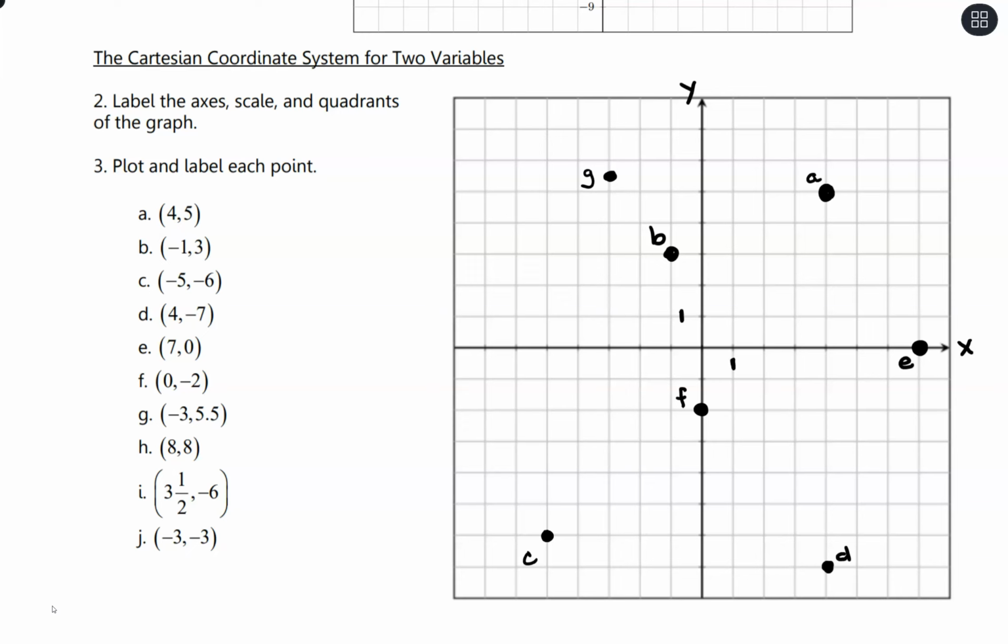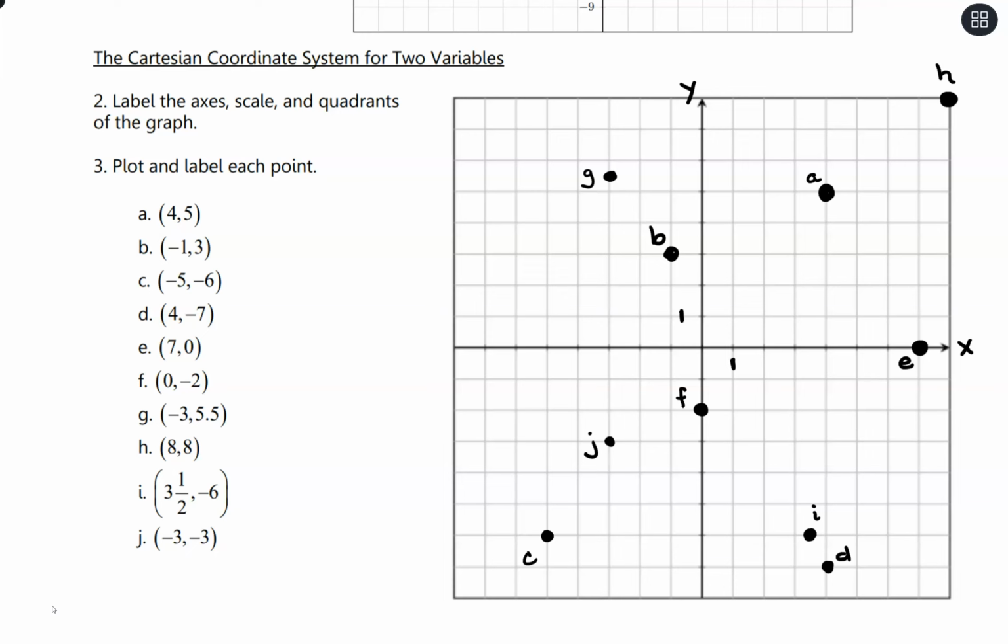So we can graph fractions, we just want to be as close as we can to the point that we want. (8, 8) should be up here in the corner for point H. (3.5, -6), so 3.5, and then down 1, 2, 3, 4, 5, 6 for point I, and then (-3, -3) for point J.